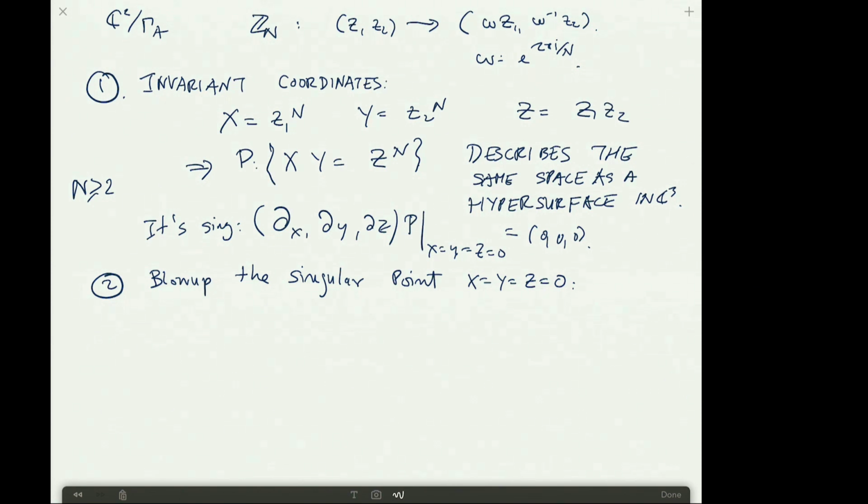And what we'll do, and I'll explain some reasoning behind this in a second, is say, let's take these coordinates to not be independent coordinates x, y, and z in C3, but actually projective coordinates. The projective space is exactly engineered so that you allow x, y, and z to vary over C, but they can't all be 0 at the same time. Okay, so now we basically say these are projective coordinates.